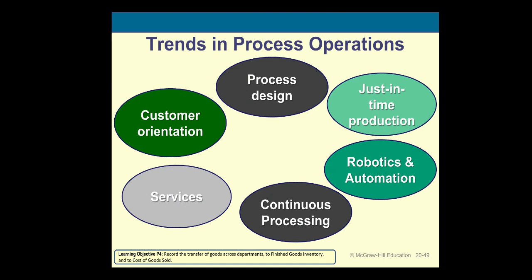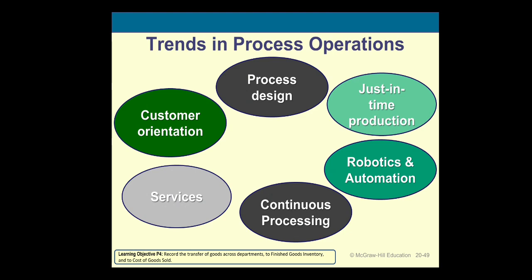So that kind of method or approach is related to businesses that use process costing system. Next is robotic and automation. Most of them now use robotic and automation in the production process. It makes the production process more efficient.